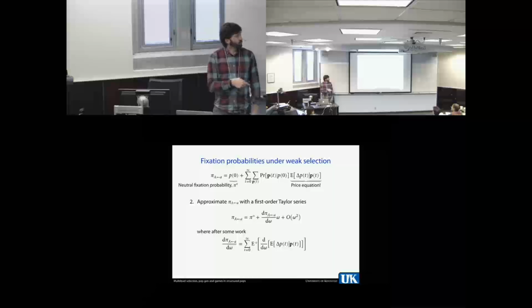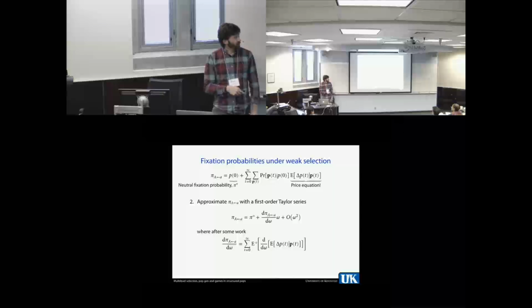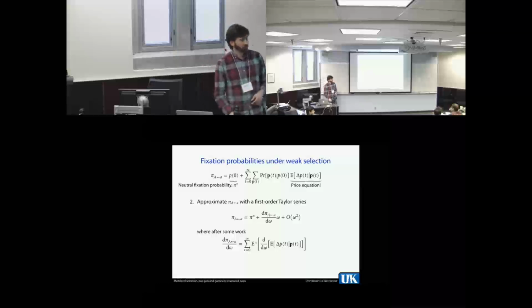So after we differentiate this, and after some work and a couple of additional assumptions, what we end up getting is this sum over time of these effects on the change in the mean allele frequency over time.